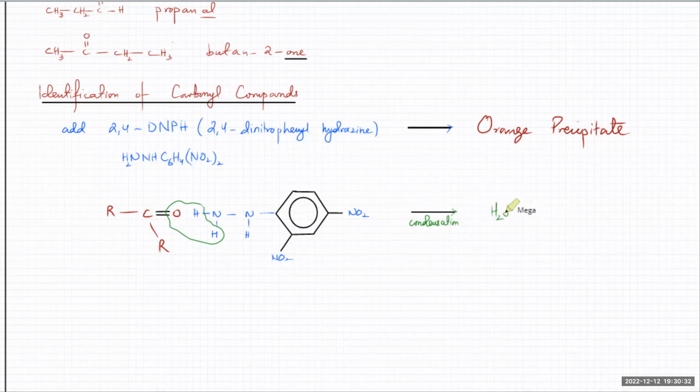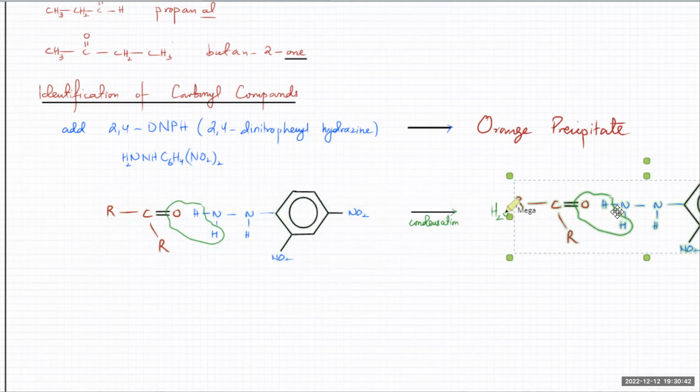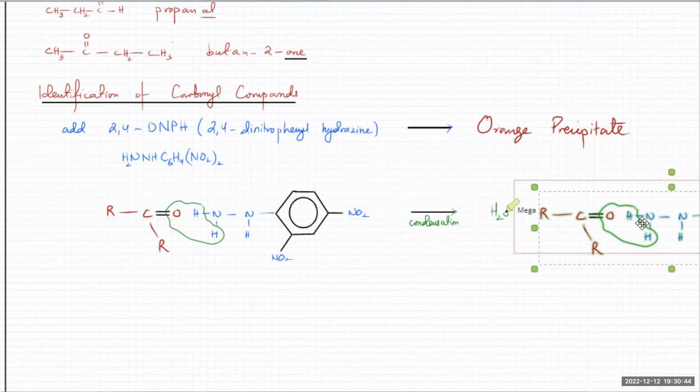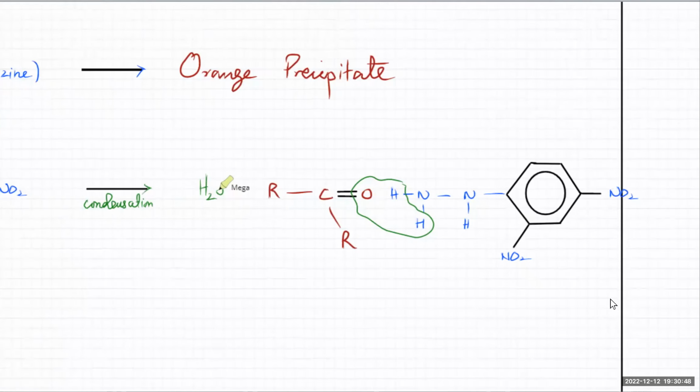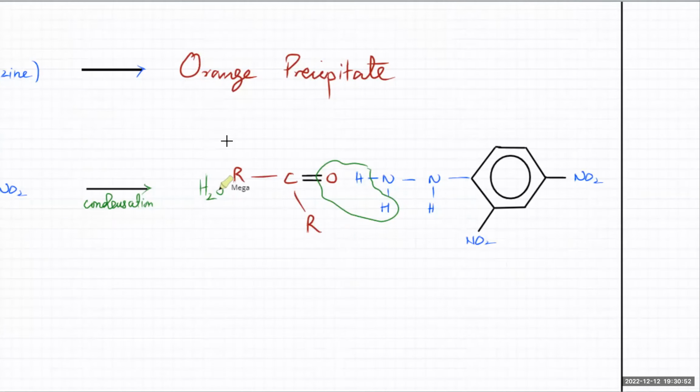So you're going to get water molecules, and these two will join up. So this ends up joining with this. These two molecules basically end up joining with each other.